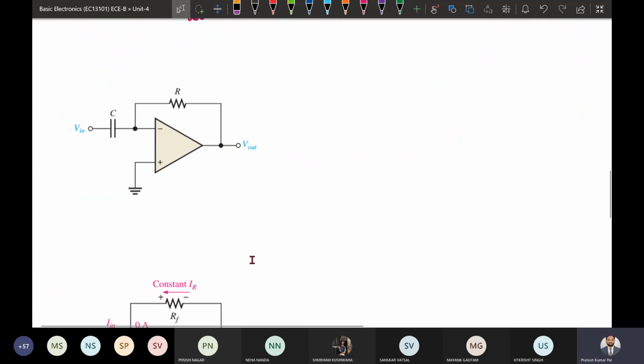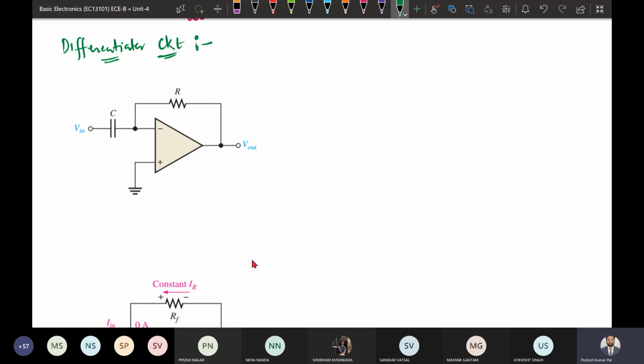The next thing we will see is the differentiator circuit. By using the operational amplifier we can implement the differentiator circuit also. In the differentiator circuit, this is the structure. Here we take the output across the resistance, and it has an RC circuit itself, but the load is the resistance.